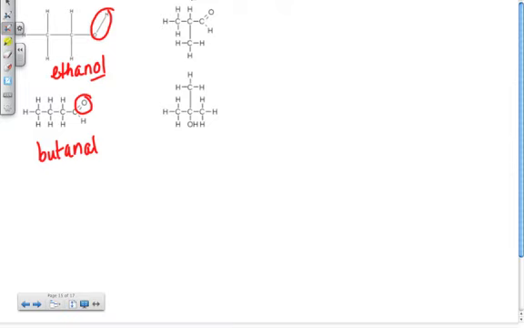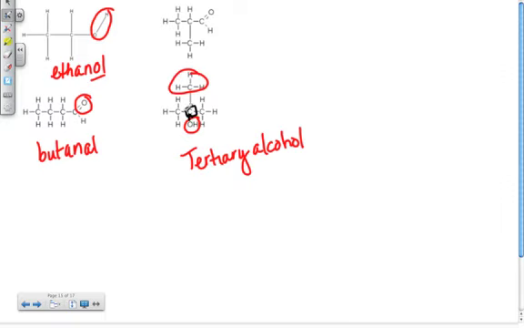Over here you have an alcohol on an interior carbon, and you have a methyl group. So I'm not going to ask you this, but this is actually considered a tertiary alcohol because the OH is attached to a carbon, and that carbon is attached to 3 other carbons.